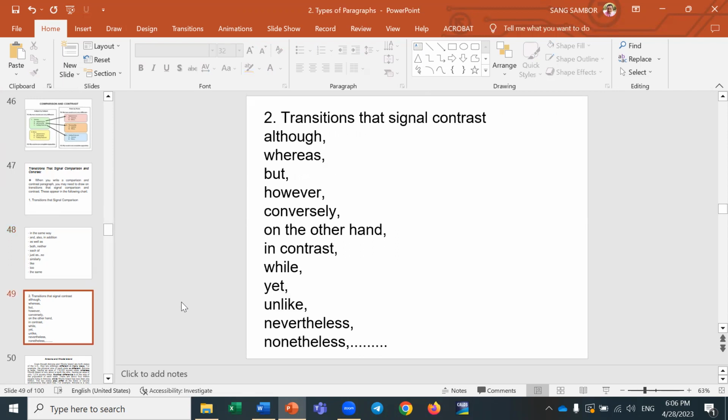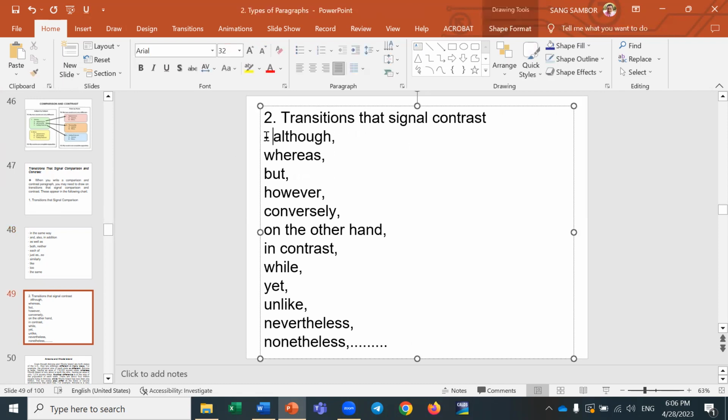The next one here is the transition signals that are used in order to show the contrast, to show the differences. So you have although, whereas, however, conversely.